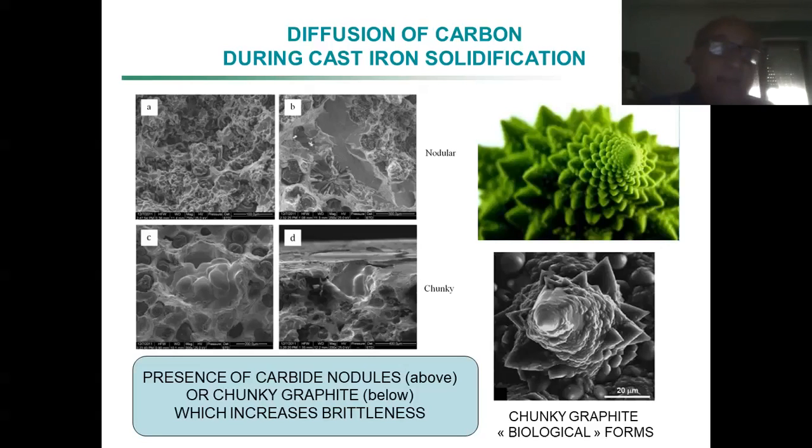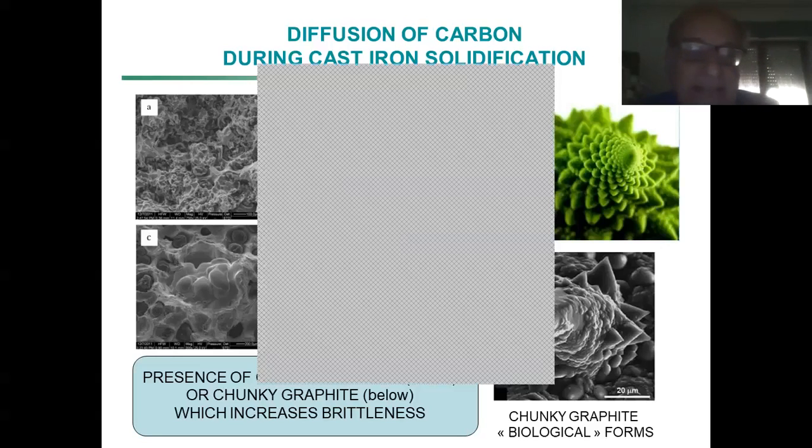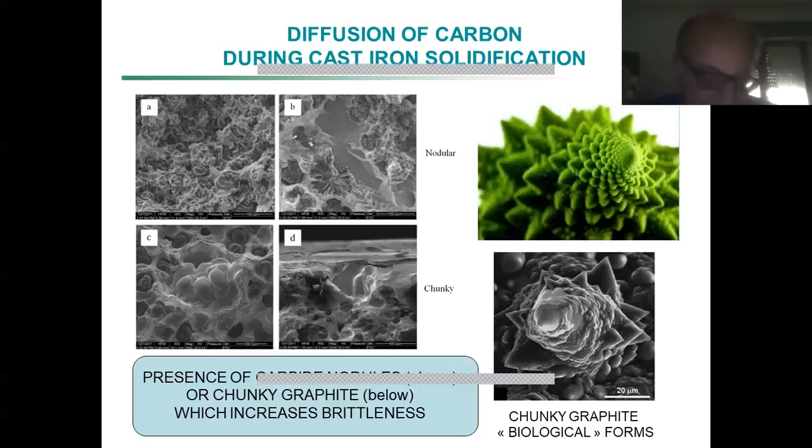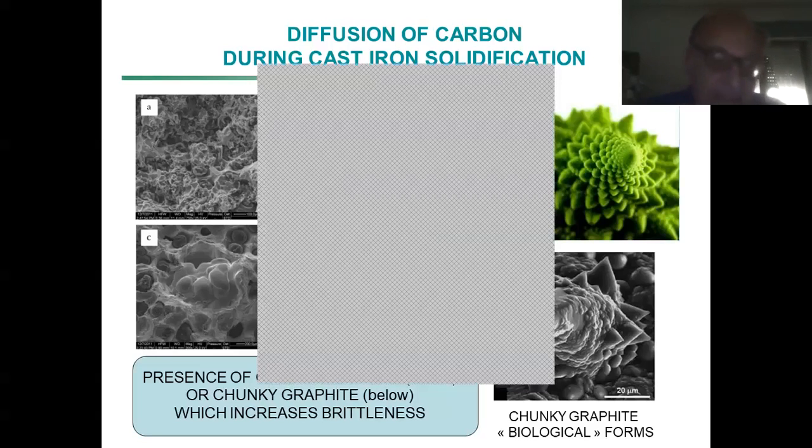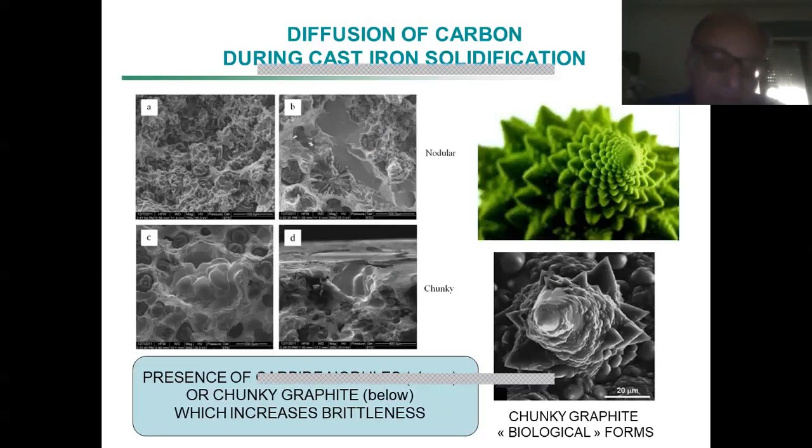Please be aware that apart from cast iron, this can be of interest, for example, in other cases with composites. It's very important whether the particles tend to aggregate, to coalesce with each other, or not, or whether they are able to deviate cracks, for example.